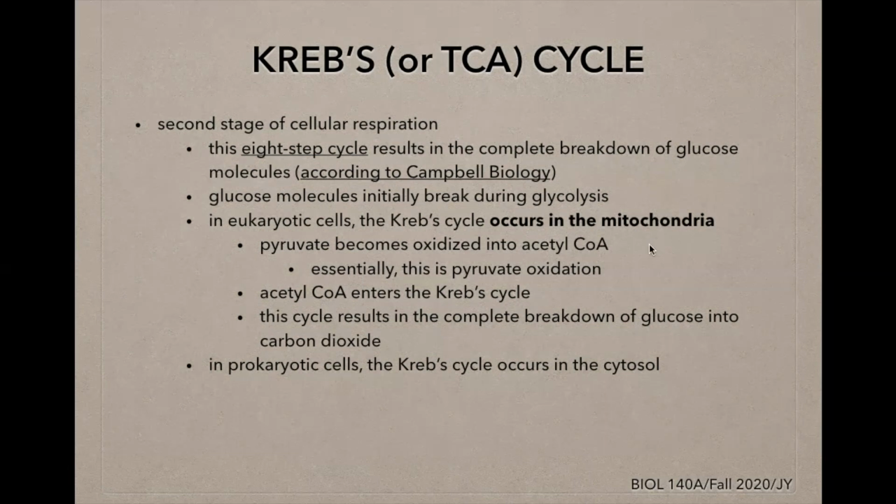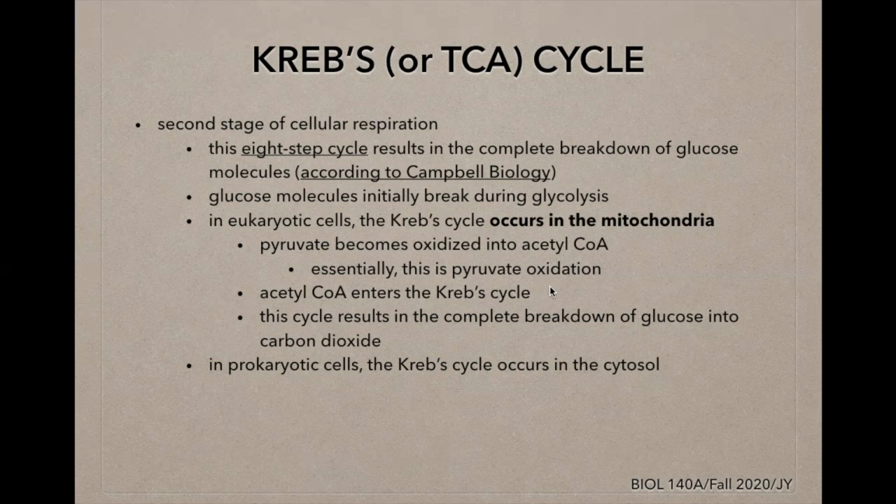Essentially, this is pyruvate oxidation, and upon the oxidation of pyruvate to acetyl-CoA, acetyl-CoA will then act as an entry compound. So acetyl coenzyme A is an entry compound used within the Krebs cycle.